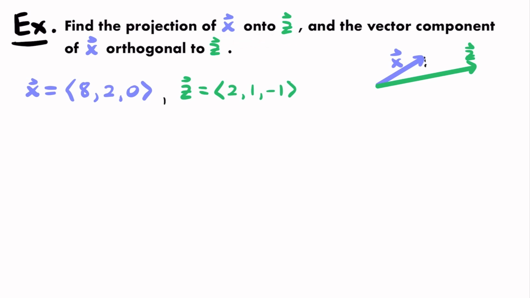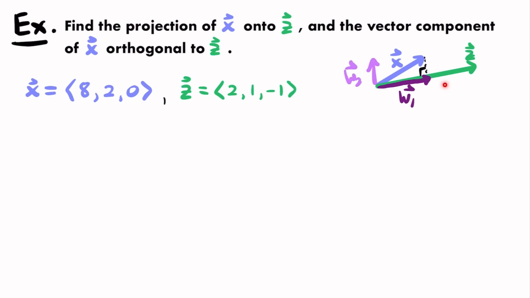We'll draw an imaginary line down from the terminal point of vector x that is perpendicular to vector z, and the projection of vector x onto vector z will be the vector that is parallel to vector z and reaches out to that line. All right, once again, I'm going to represent that with vector w1. You could also view that as the vector component of x parallel to vector z, but then the vector component of x orthogonal to z would be this vector right here, vector w2.